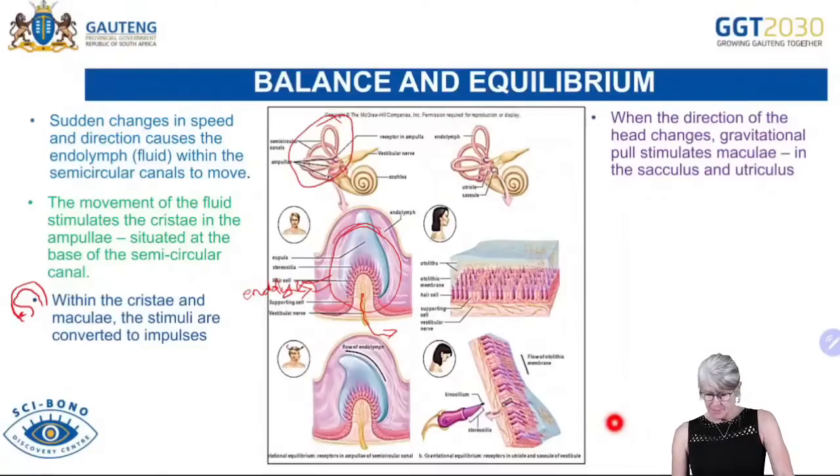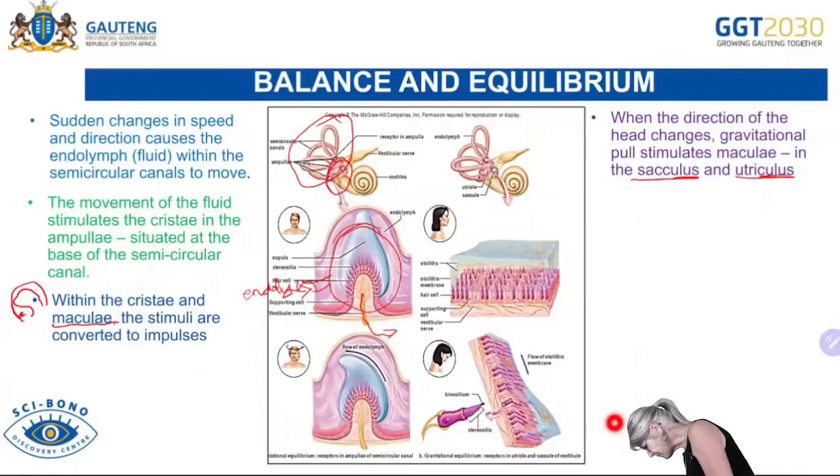Okay, and then the other receptors that we have in our ear are called the maculae. The maculae are found in the sacculus and the utriculus of the vestibular apparatus, so that's that part there, and they are sensitive to gravity. So if I bend down like this and have a look at something on the ground, I'm not going to fall over.